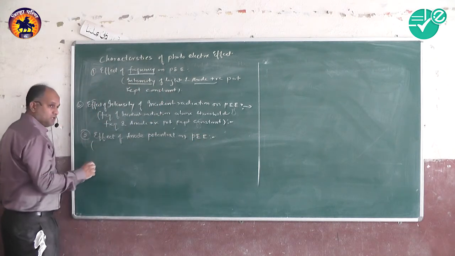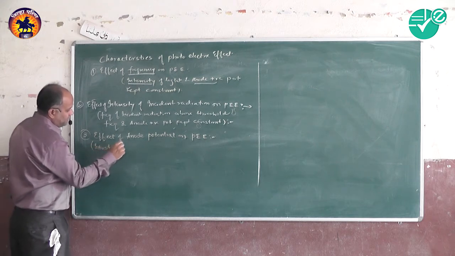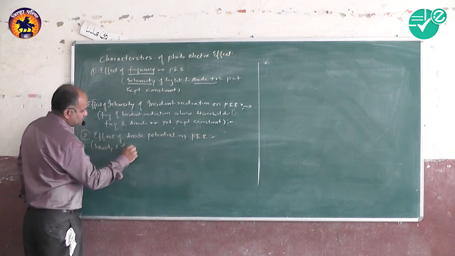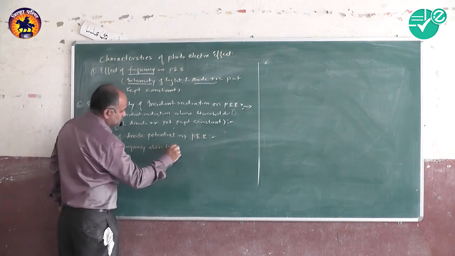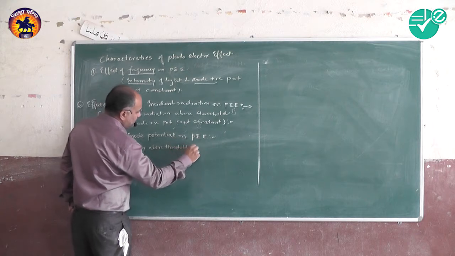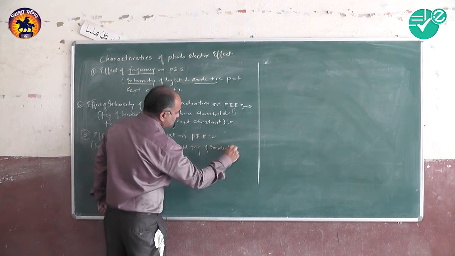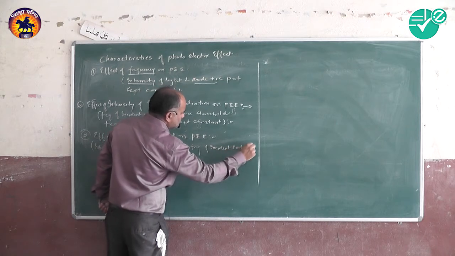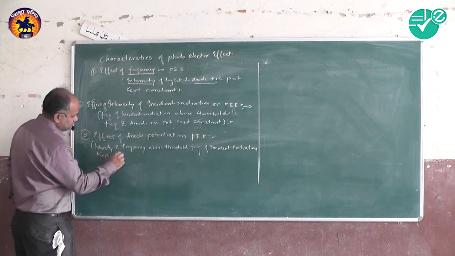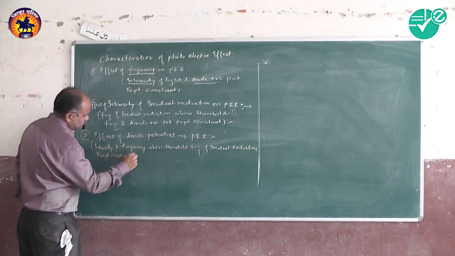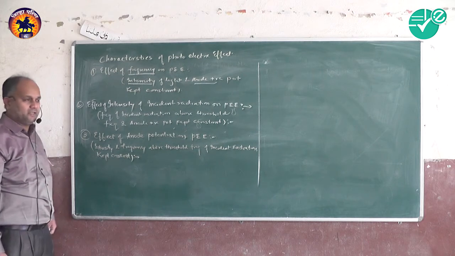Here in this case, the intensity and the frequency of incident radiation above threshold frequency are kept constant. Now, this is the third important characteristic.